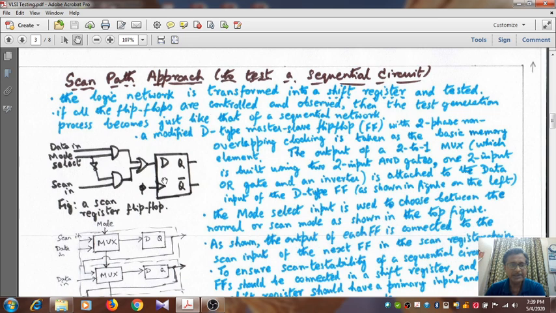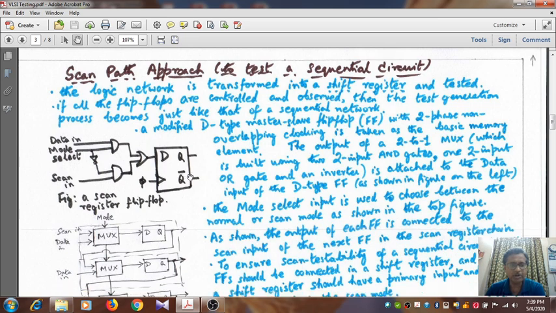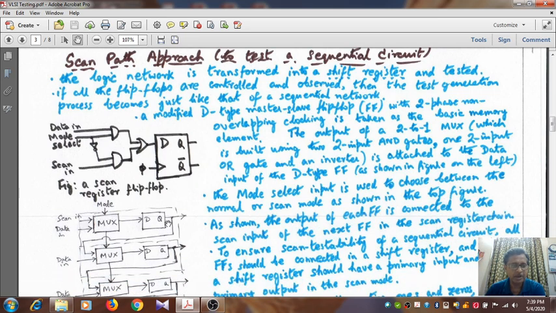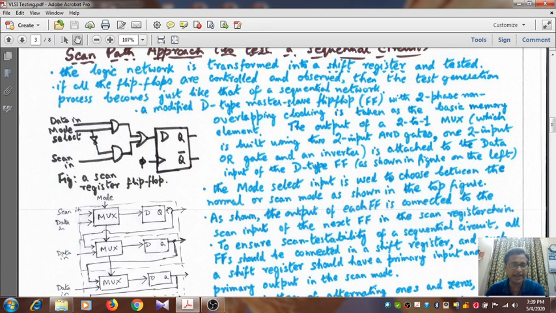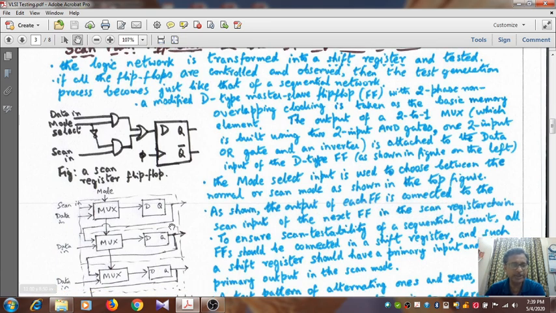Suppose all the flip-flops are attached one after another in a cascaded manner. So suppose we are showing a 3-bit shift register. That means the output of every flip-flop is fed to the input of another flip-flop, and the output of that second flip-flop is fed as an input to a third flip-flop, and so on.